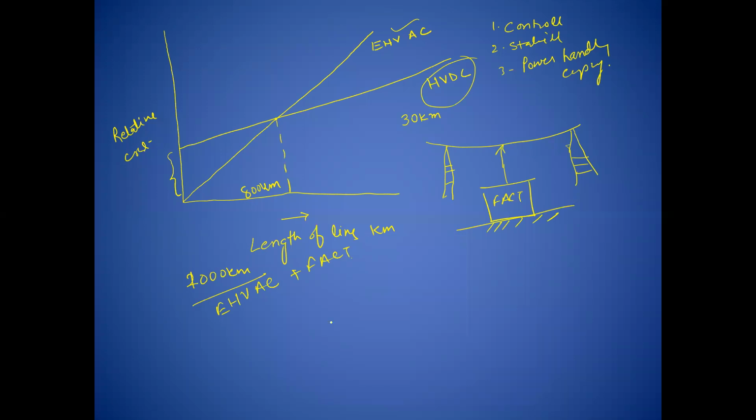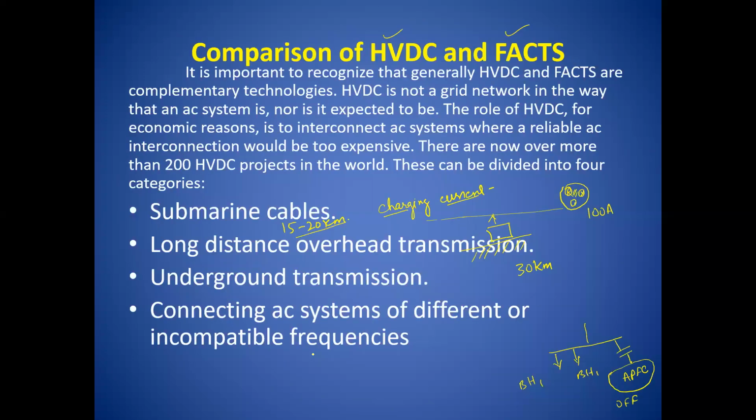Third is the underground transmission line. Underground transmission line means that we are using some cables. Do not get confused, here also we are using cables, and here also. This cable is from underwater, and this one is only underground.